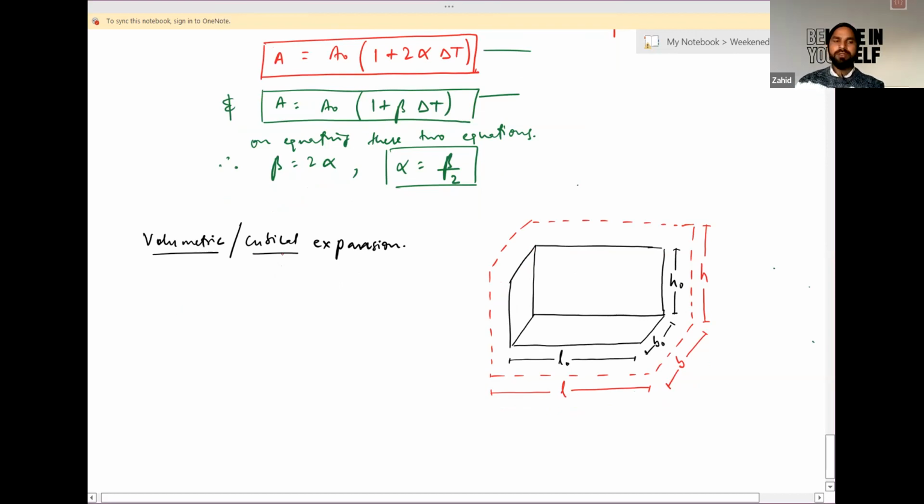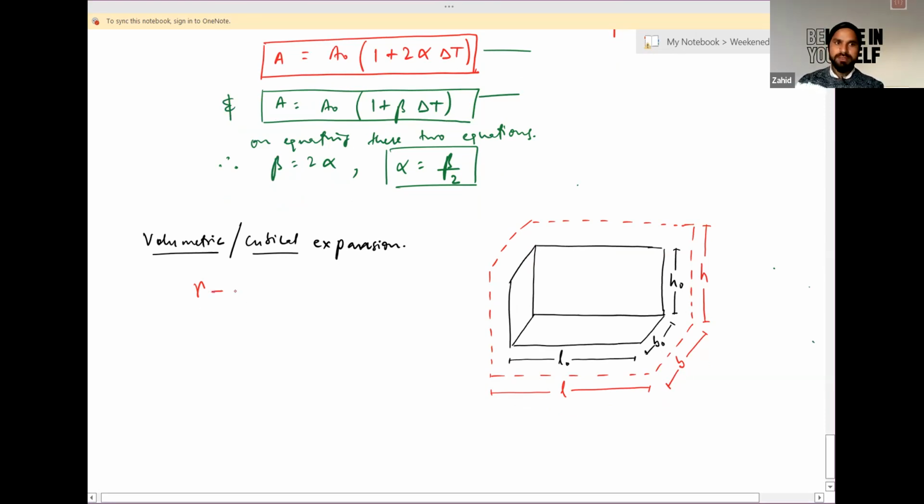Related to this volumetric or cubical expansion, we may define another term called gamma, like we defined alpha for linear and beta for areal. Similarly, gamma is for volumetric or cubical.